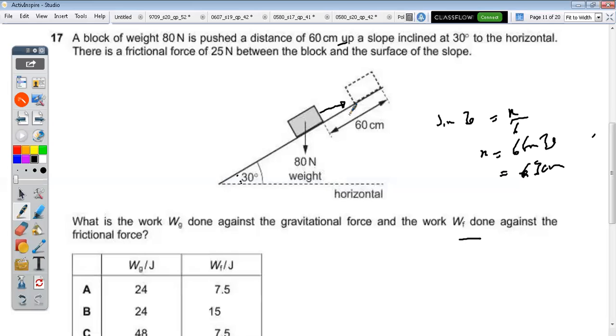I have to move it along the horizontal. What will be that resultant force?